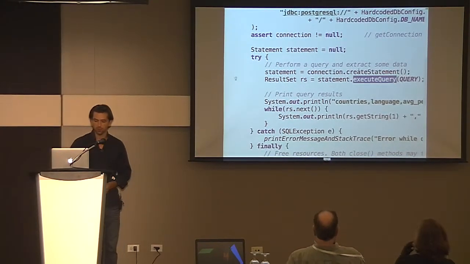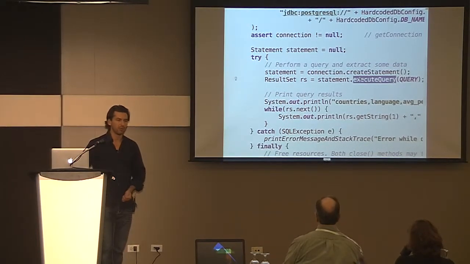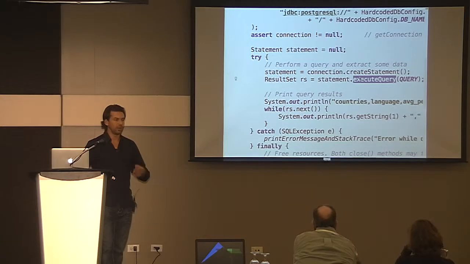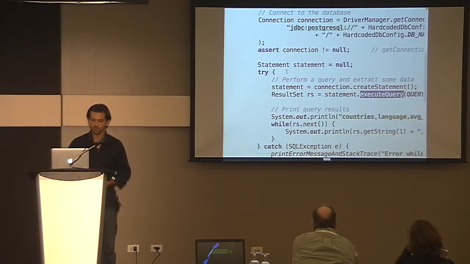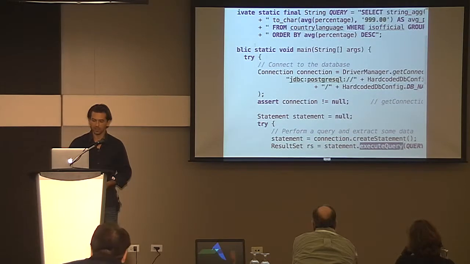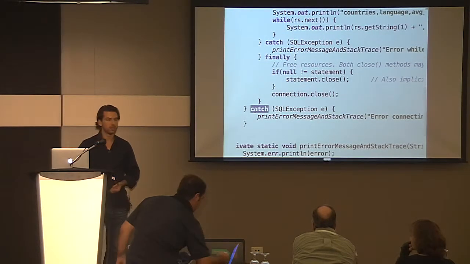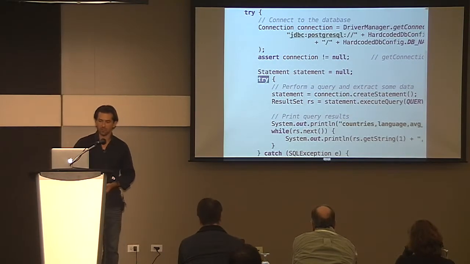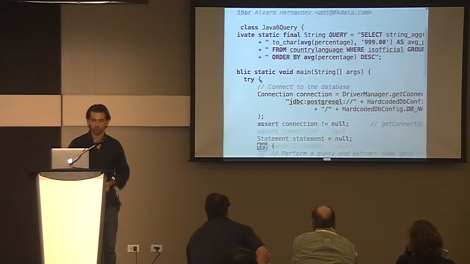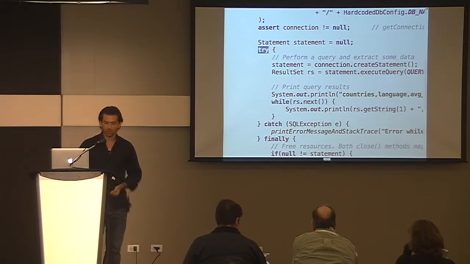However, both methods, create the statement and execute query, can also throw a SQL exception. So we also need to handle this. We have the first try catch block for the connection. Then we need to create the statement and wrap that code inside another try catch block, because that may fail.